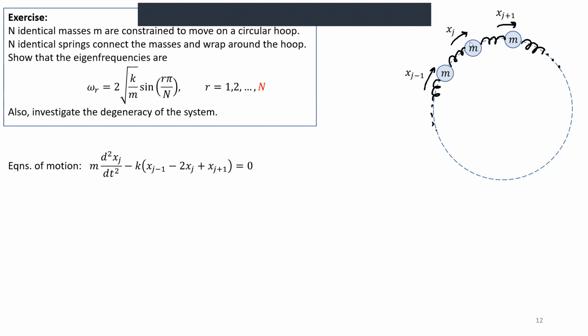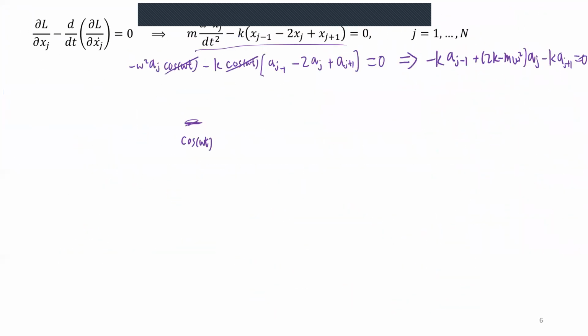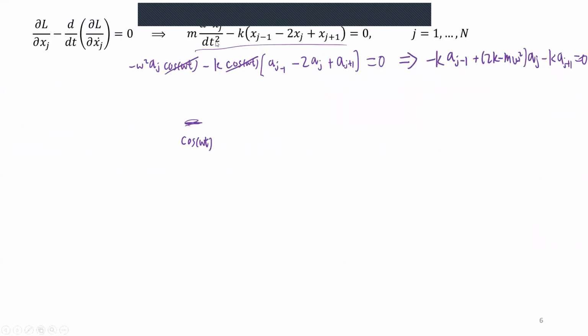And therefore, it is experiencing 2 forces by the 2 springs on either side. And because of that, the equation of motion looks like this again. This form of the equation of motion is exactly the same as what we have here.